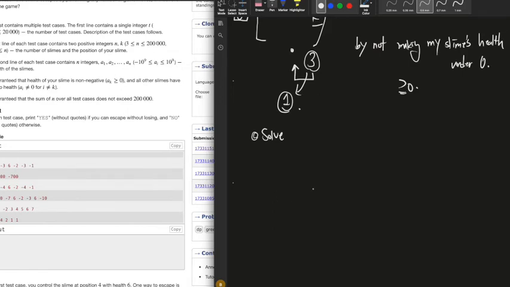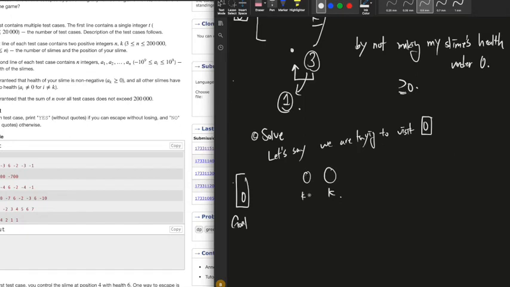We have to make some indexes as a group. So I start from K, and let's say we're trying to visit 0. So here's the goal, and K minus 1, K plus 1.